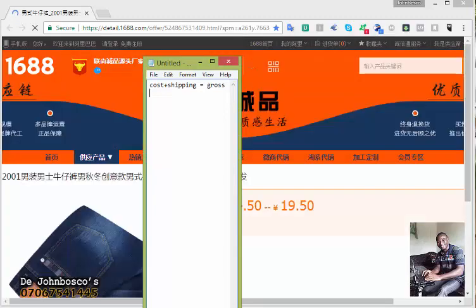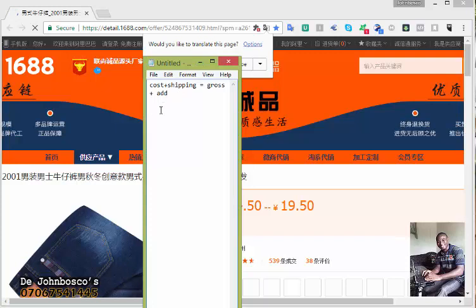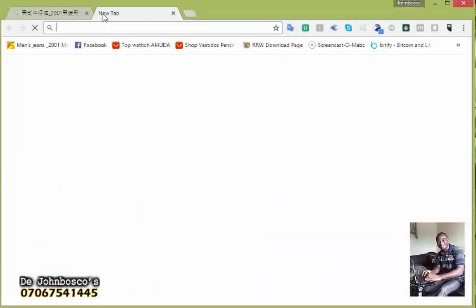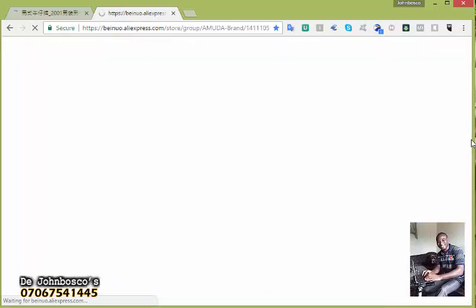This wristwatch is $16.76, but I bought them at $10, using our brother-in-law price. $10 times 500 equates to 5,000 naira. So for each of them, it cost me, let's say, 700.